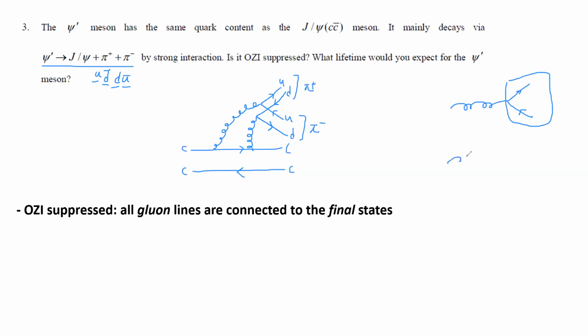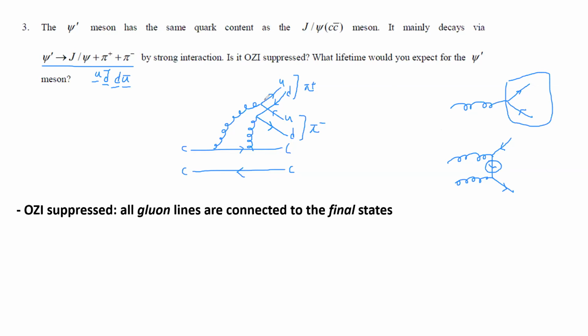And if you see something like this, then this is not OZI suppressed because there is one intermediate state which shares the energy with the gluons. So it's not OZI suppressed.